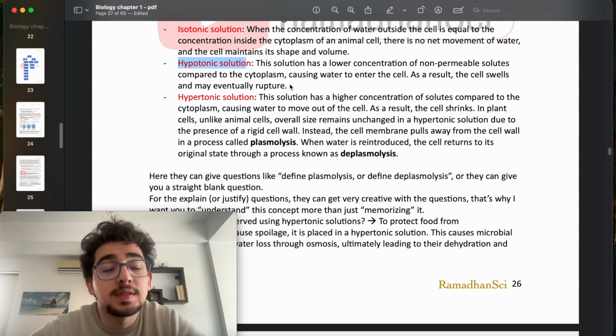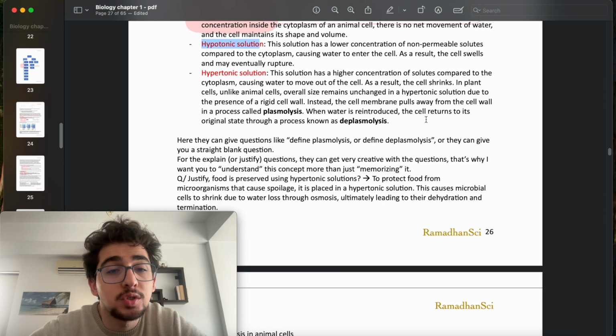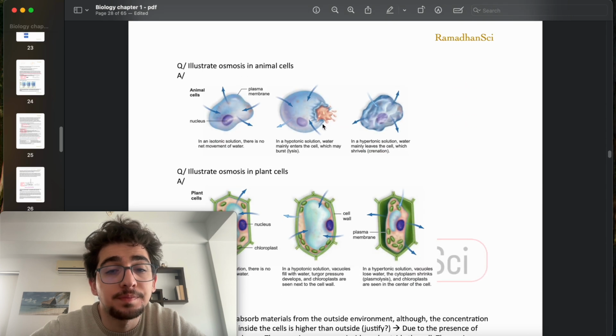So here, the typical movement, as I told you, will be into the inside of the cell. Water will move inside of the cell as I have higher concentration of non-permeable solutes like proteins. This will cause the cell to swell and eventually rupture, as you can see here.